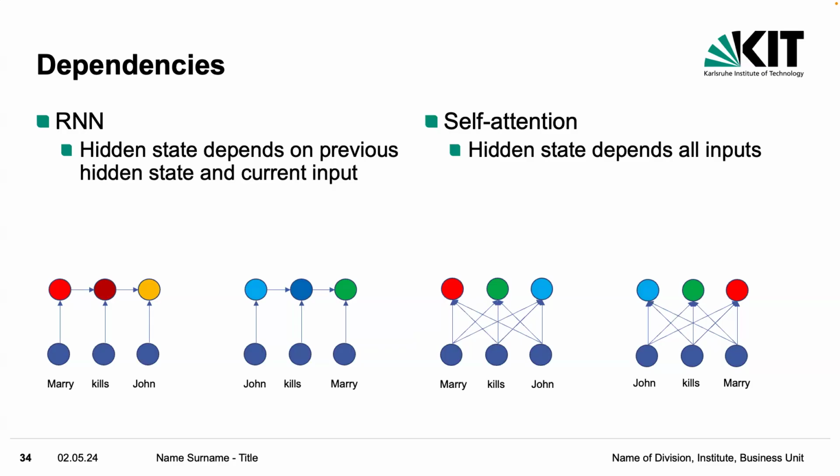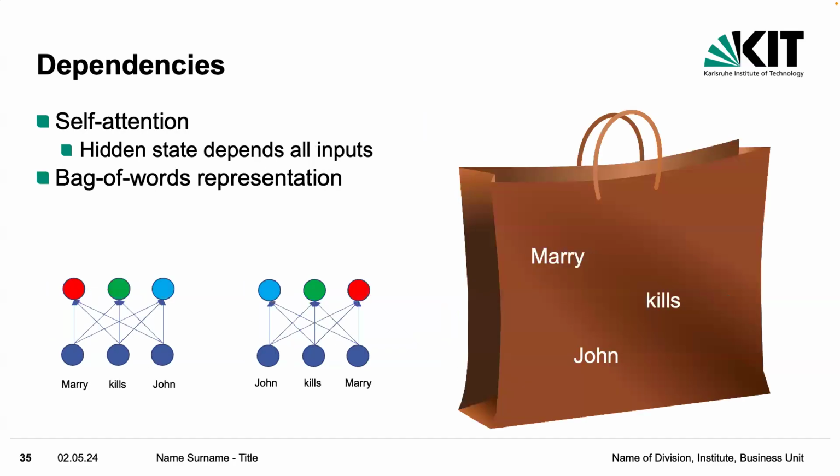Which means if you just take your hidden states at the end, you have something like a bag of words representation, where the hidden state doesn't really depend on how the sequence is. And that is, of course, very bad for sequence processing, because the order of the sequence is essential.